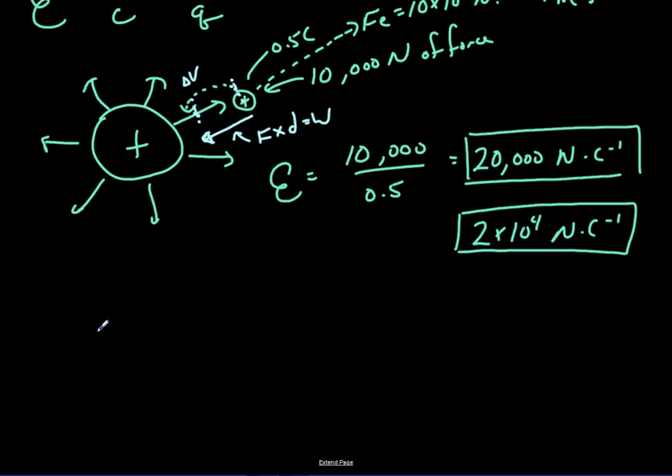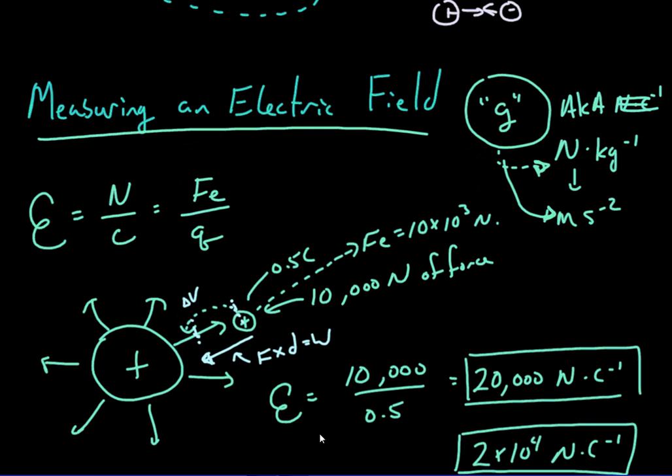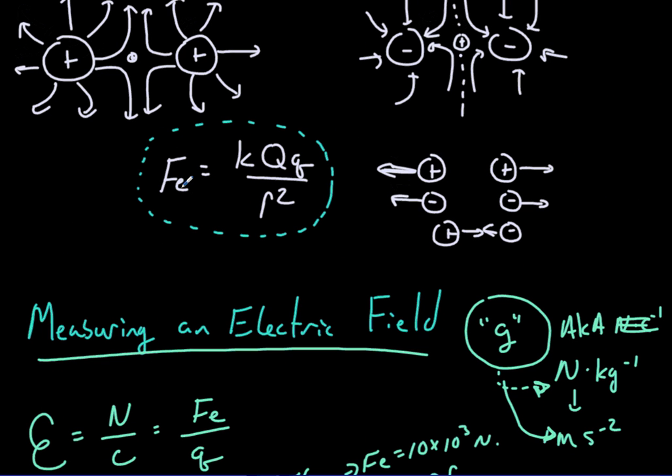Now, there is another way to define or talk about fields, and that is combining two formulas into one. So let's derive, right? We've got this Fe up here, the force acting on our charged object of charge Q. And if we roll back up, what we'll see is that Coulomb's law also has Fe in it.